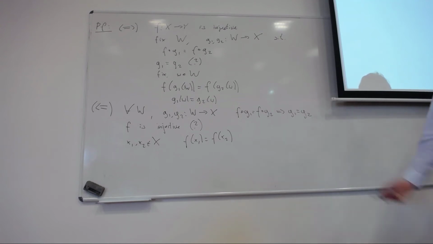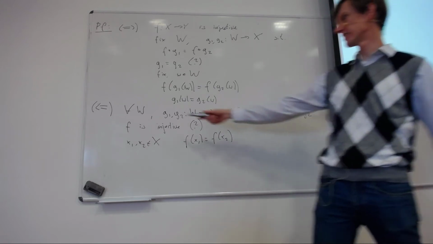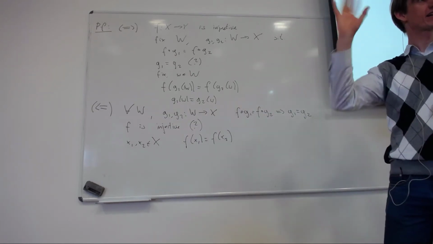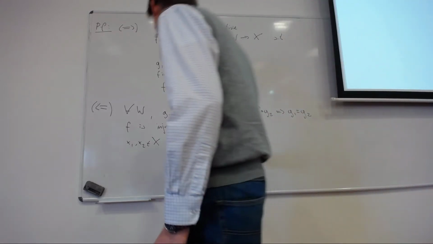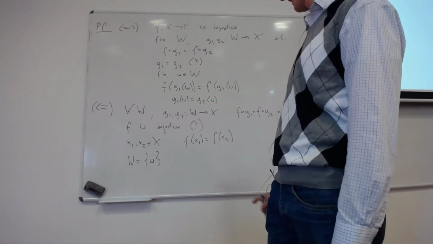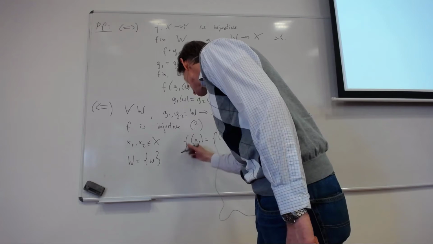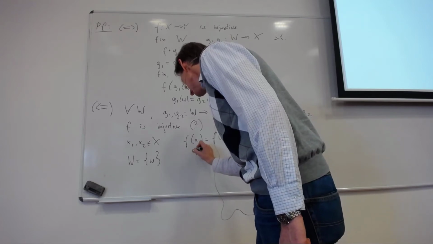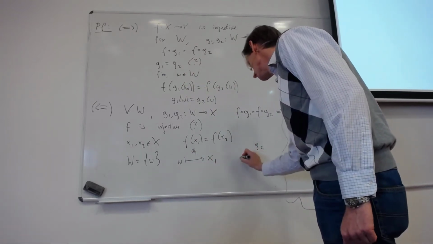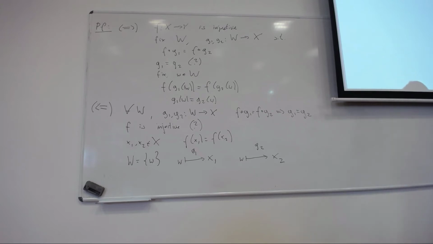Well, it's a common trick. This works for any set W and any functions g1 and g2 that go from W to X. So let's take any singleton set W consisting of only one element W, and let's define two functions g1 and g2 which work as follows. g1 maps this element W to x1, and g2 maps W to x2.